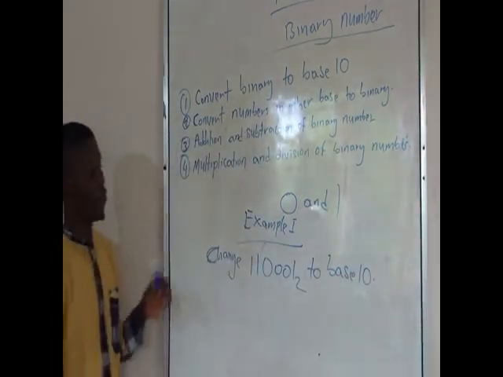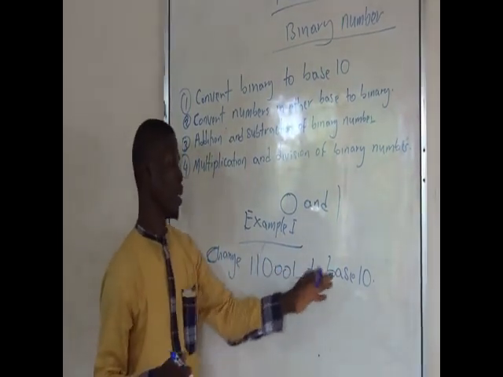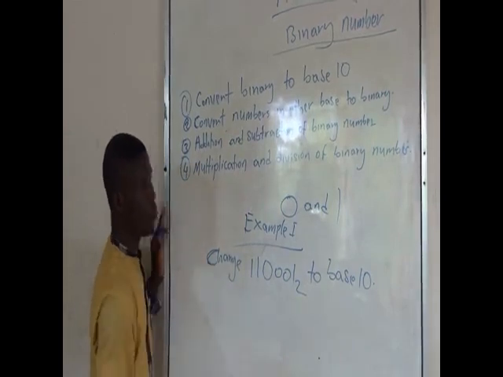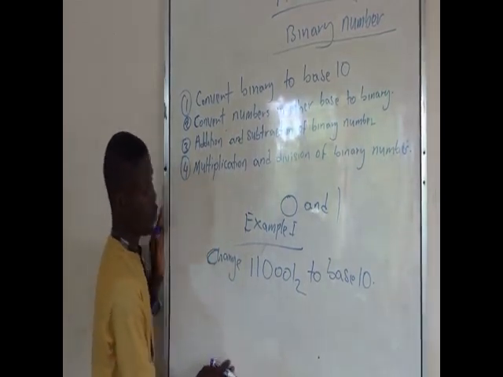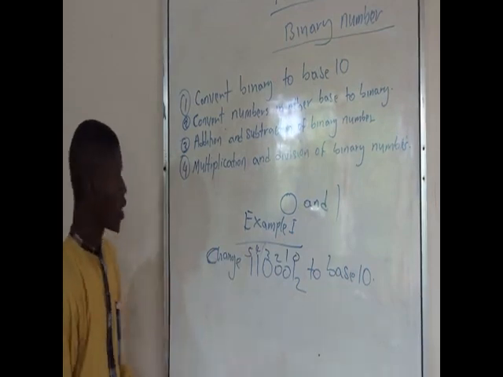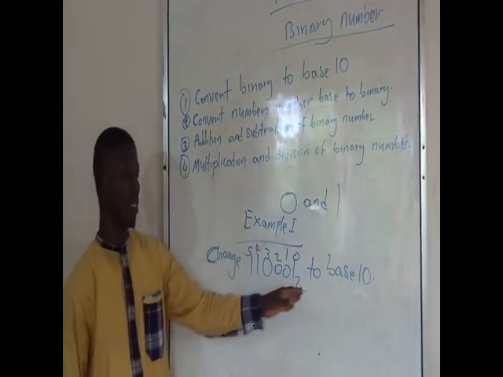The first step: we have 110001 base 2 to base 10. The first thing we need to do is to find their powers, the indices. The next step is to multiply the binary digits with the base.